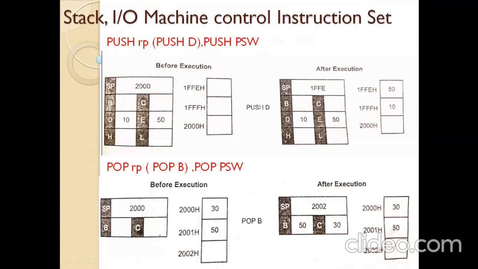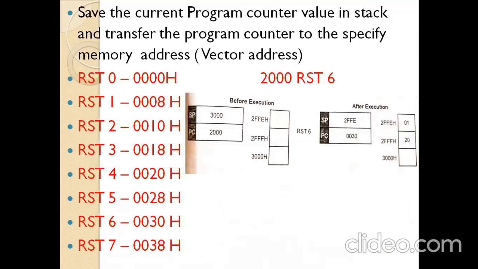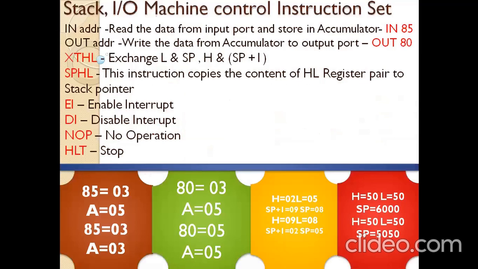Next, I'm going to explain about the stack, I/O and machine control instruction set. First, we can see the machine control instruction set. What is meant by IN address and OUT address? The IN instruction and OUT instruction are used to transfer data between the microprocessor and input or output devices. IN 85: 85 is the address of the input device.